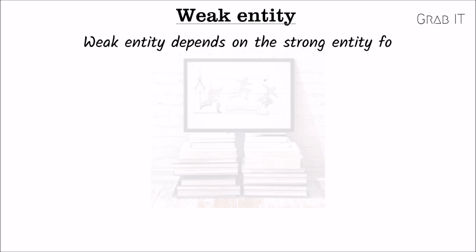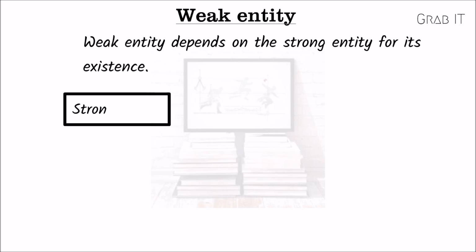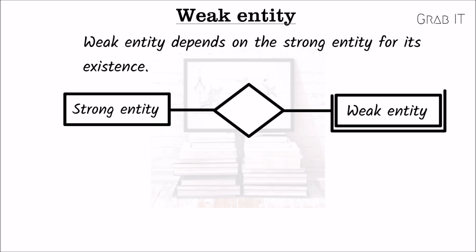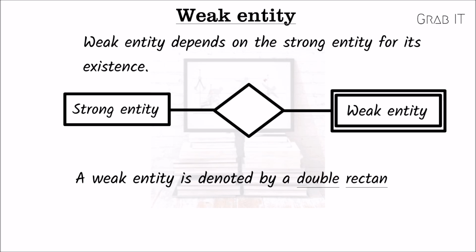Weak entity. A weak entity depends on the strong entity for its existence. A weak entity is denoted by a double rectangle.